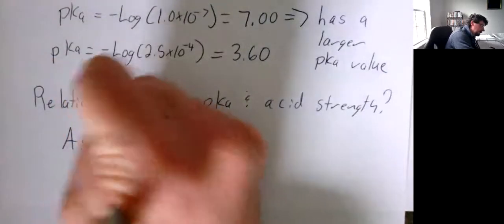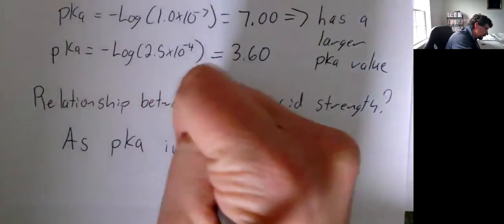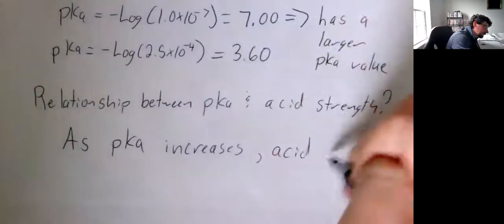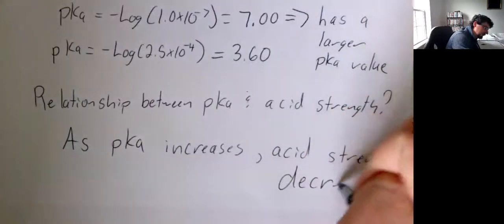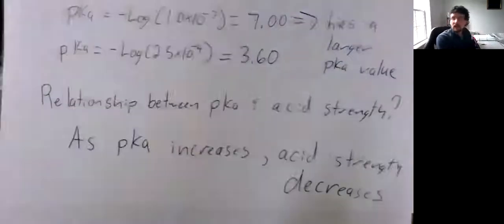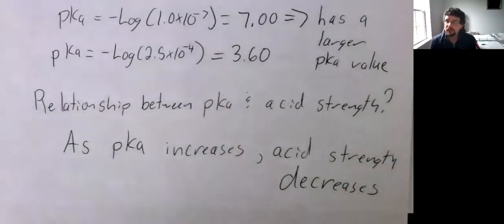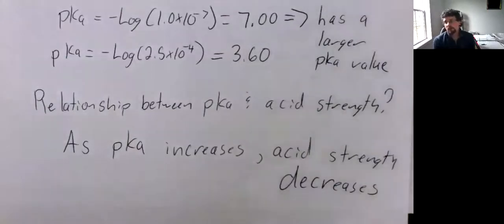As pKa increases, the acid strength goes down, it gets weaker. pKa increases, acid strength decreases. And this is an important point to consider when looking at different species. This is a common question that comes up throughout general chemistry, organic chemistry, analytical chemistry, and even biochemistry, especially when considering the zwitterionic species.